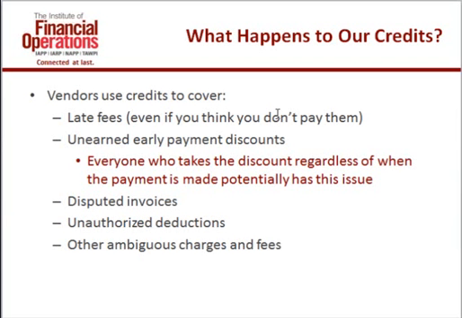But also possibly they've used your open credits to take care of the dispute. Unauthorized deductions are something that make credit managers and AR managers crazy. But when you all of a sudden generate a credit and you don't know about it, they'll use it to offset the unauthorized deduction. And there's probably a whole bunch of other ambiguous fees.